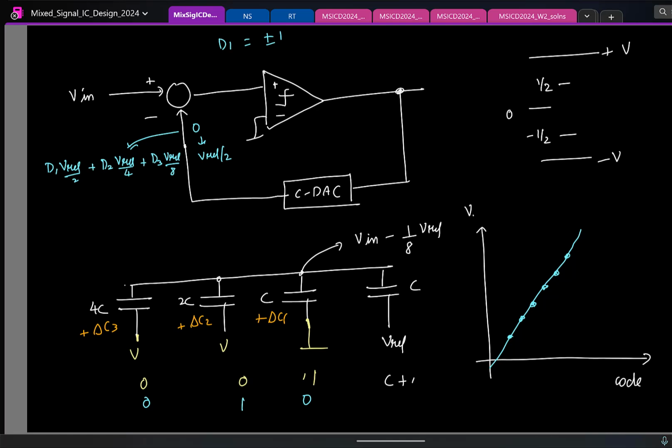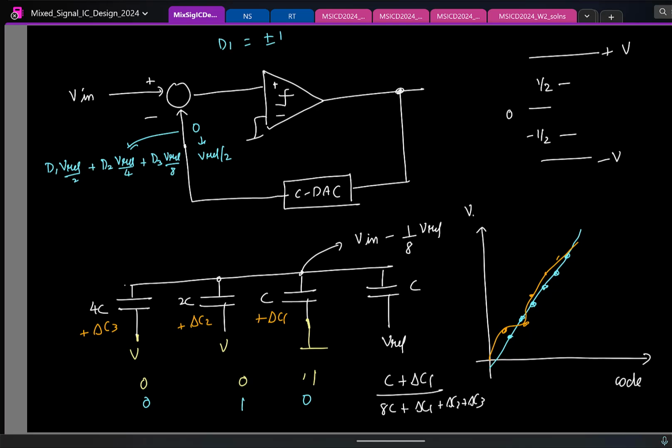C plus 8C plus whatever, delta C1 plus delta C2. So is this exactly equal to 1/8 Vref? It's going to slightly change, maybe somewhere here. Similarly, if it was code 2, it might be somewhere here. I'm just randomly drawing. So if I sketch it, it's going to be some kind of a nonlinear characteristic like this.